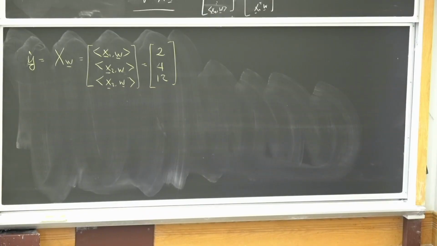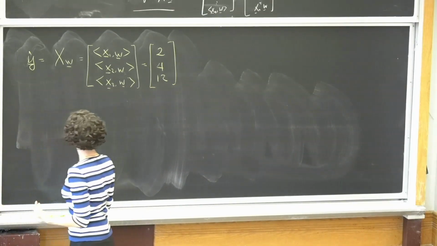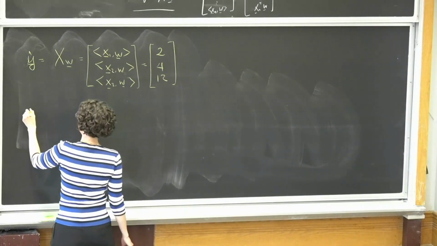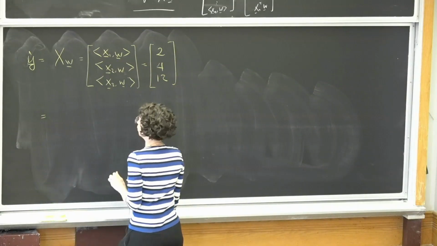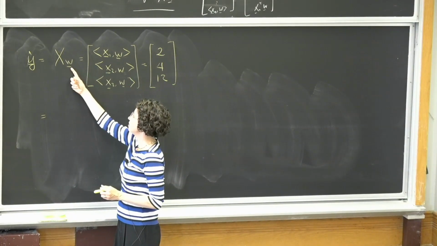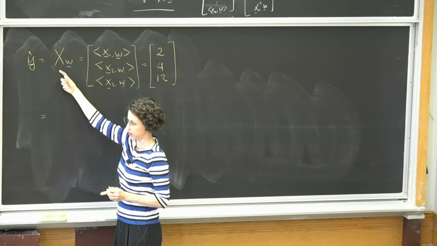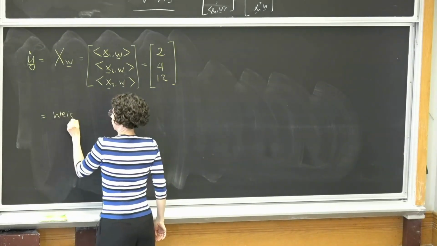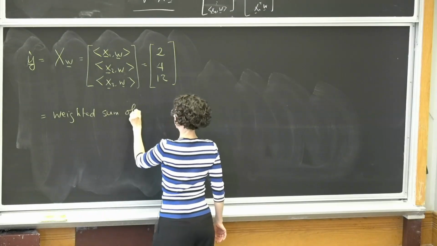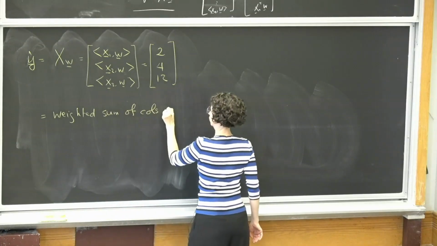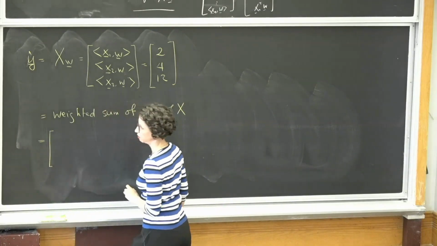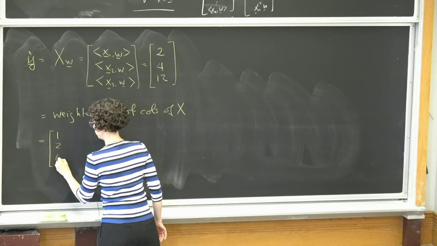Very nice. Now, this is one way that we can represent this matrix vector multiplication. Alternatively, we can say that what we're doing here is computing a weighted sum of the columns of X. So in particular, I've got my first column of X, which is 1, 2, 0.